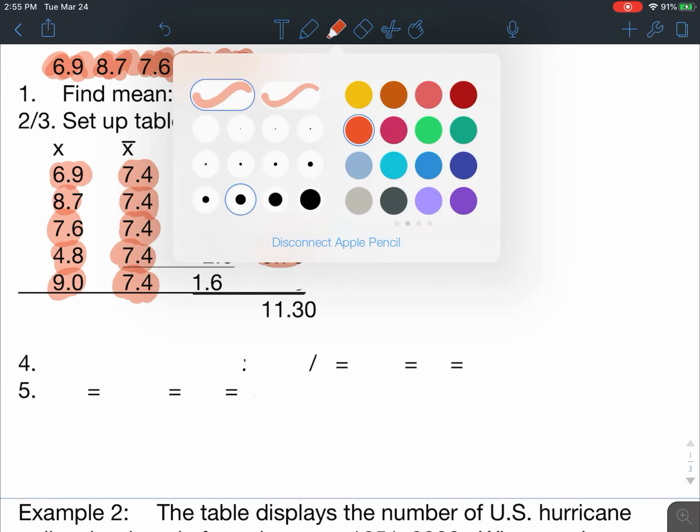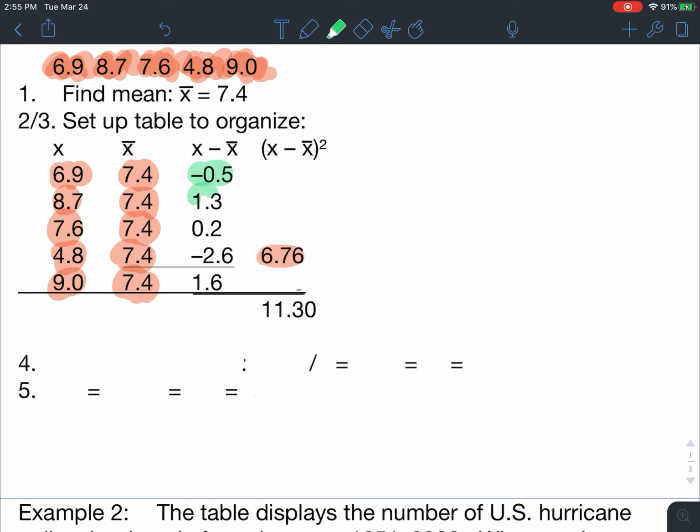Then we take each of these values and we're going to square each of them. And then we're going to put the answers over here. Negative 0.5 squared is 0.25. 1.3 squared is 1.69. 0.2 squared is 0.04.